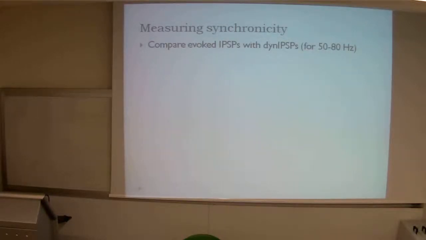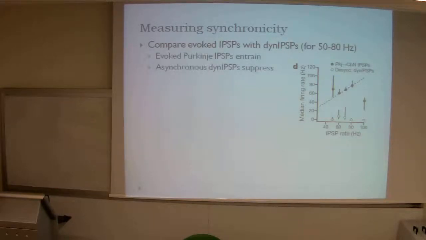Then we're going to compare the actual spikes with the dynamic spikes and see how those compare. So in this figure, in the black circles, you can see evoked spikes, and you can see that if the stimulation from the Purkinje cells is at around 60 hertz, then you're going to have a train at 60 hertz, 70 and 70, 80 and 80.